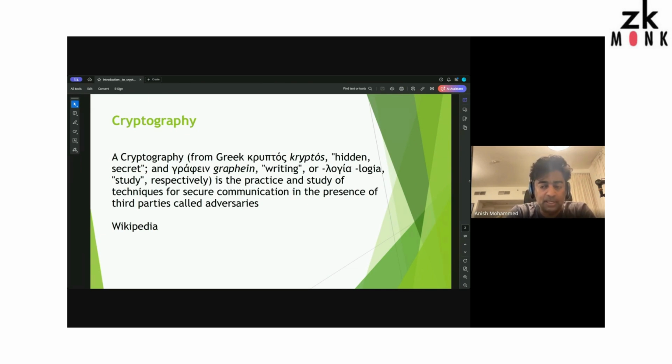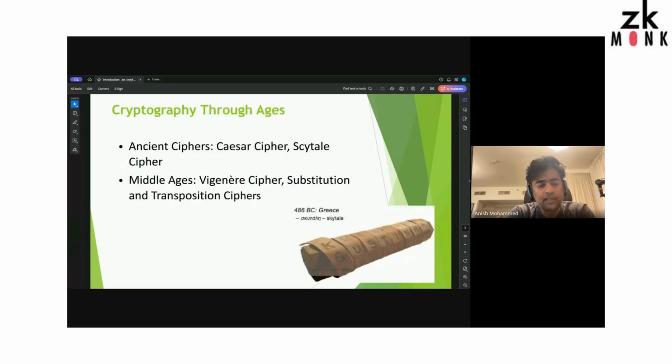Can I please have the next slide, please? Okay, so the storyline about cryptography is something like this. In every time in history, since time immemorial, you had kings or rulers, and there were spies. The kings had to communicate with each other securely, and the spies had to communicate with the kings or kingmakers securely.